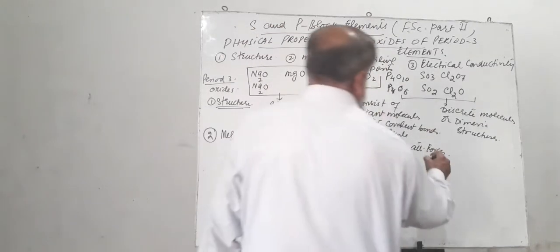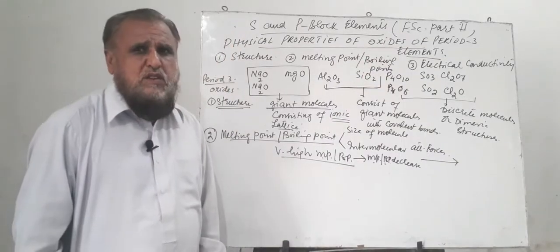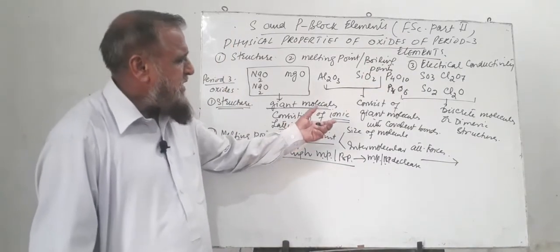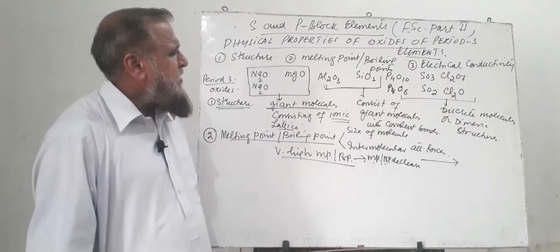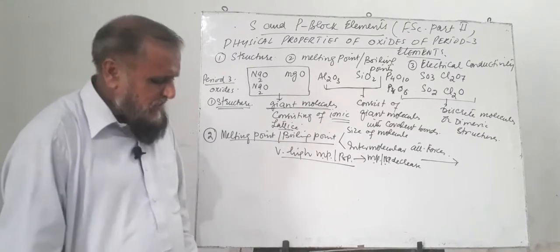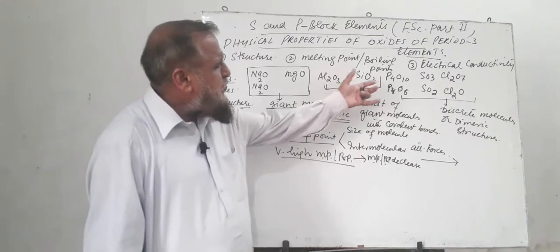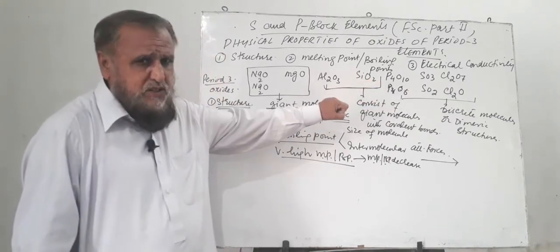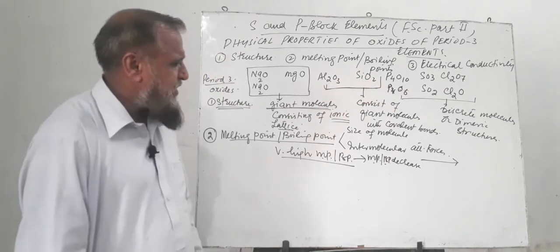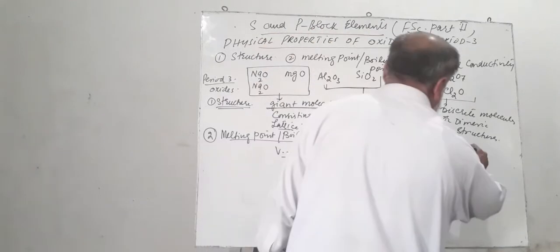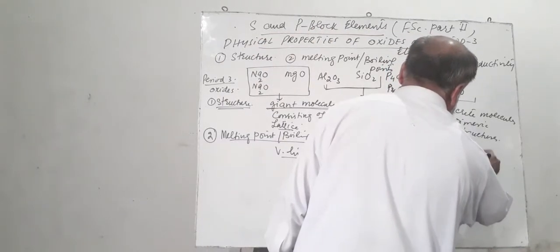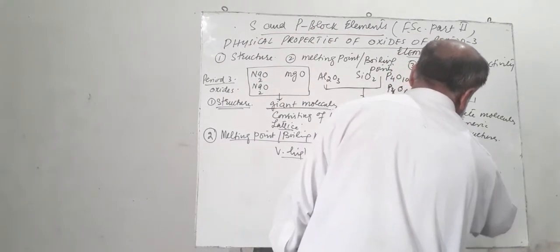As we move forward, we get molecules which are small, are dimeric, and have weak forces known as van der Waals forces. The size of molecules is decreasing as well as the attractive forces, therefore the melting point and boiling point will decrease.